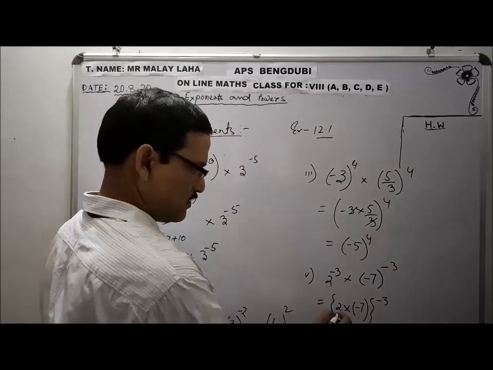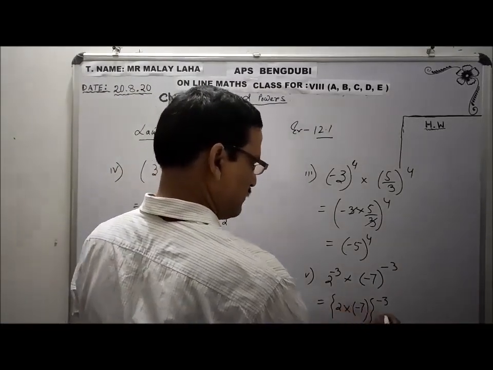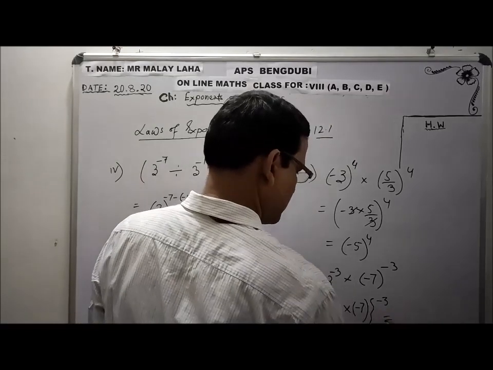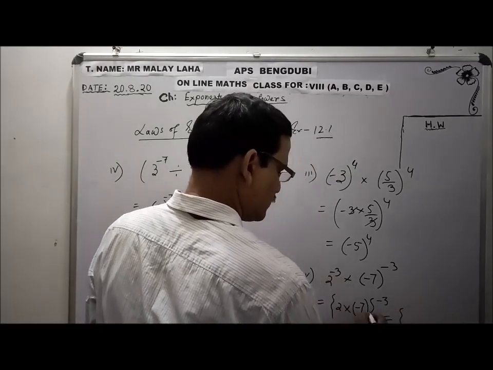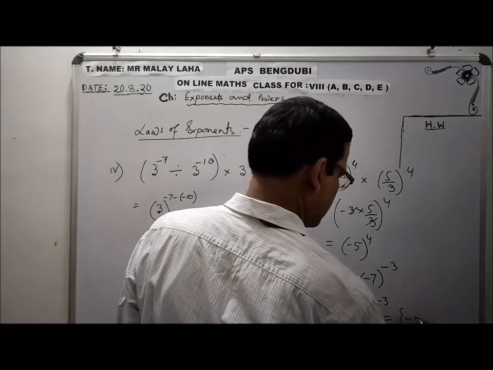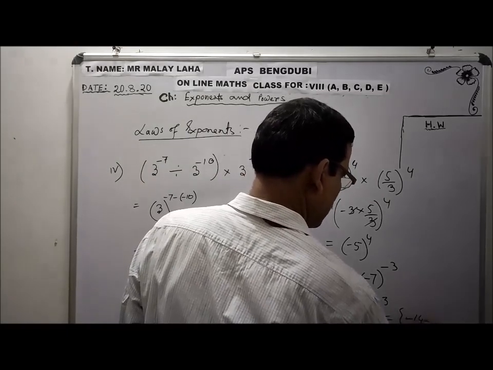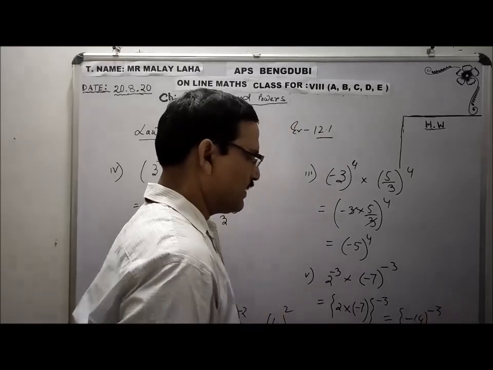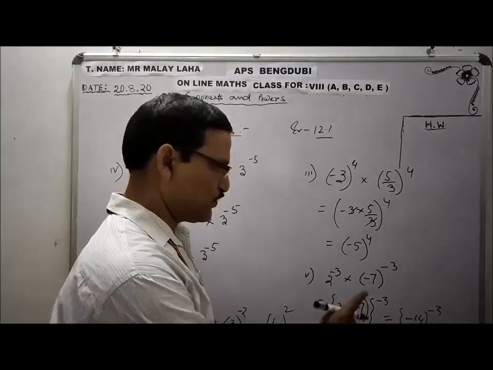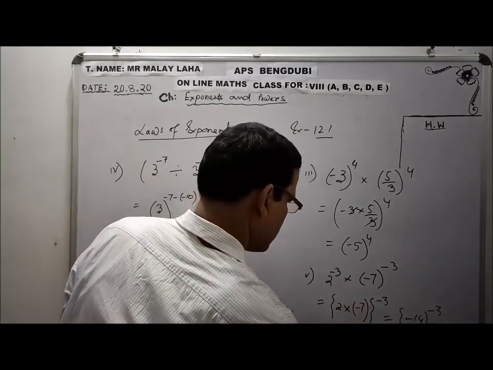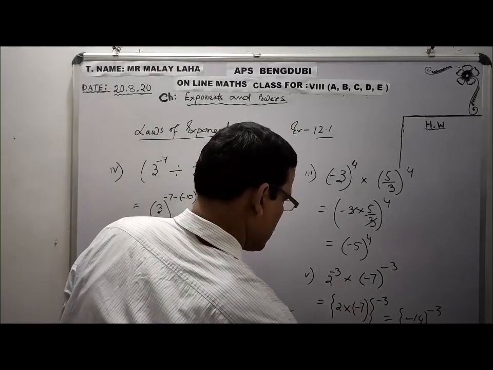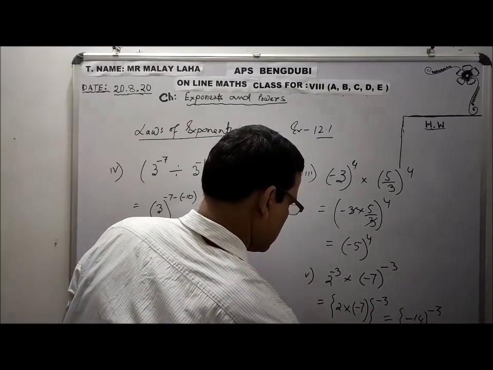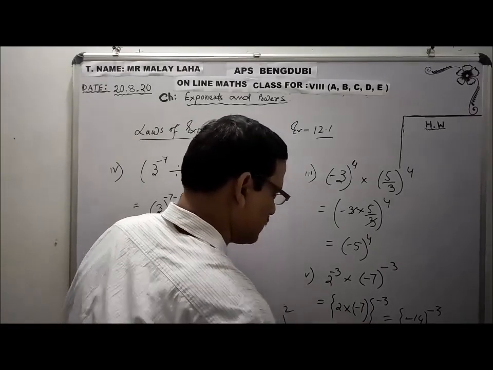Got it? Both the numbers' signs. So now after that, what am I getting? 2 7s are 14, minus 14. Minus 14 raised to minus 3. But our instruction is to show the result in positive. So that means minus 1 by 14 raised to positive 3.